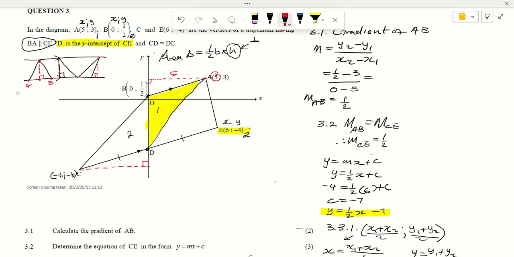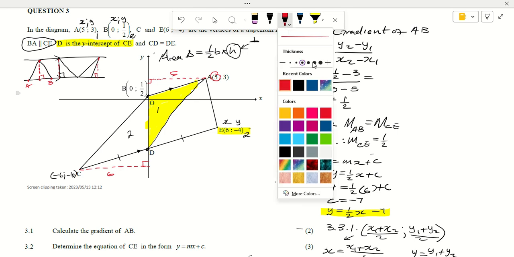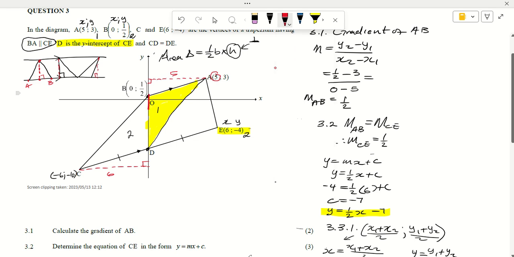That is our height, and it's still horizontal movement because we have moved 6 units to the left from 0, so our height is 6. Now when we're speaking about height, where is our base? Our base now is here at the y-axis. That is our base, so from B until D.